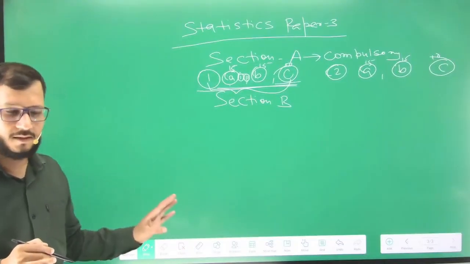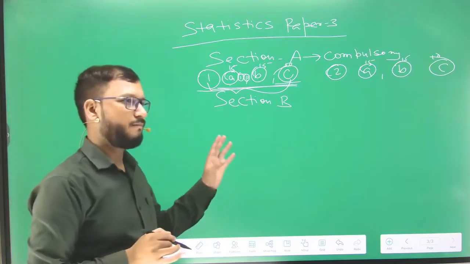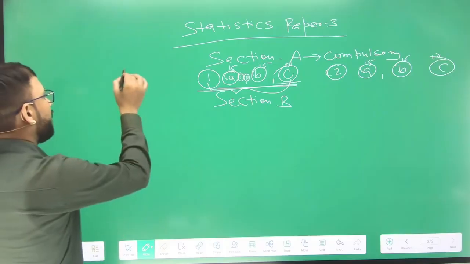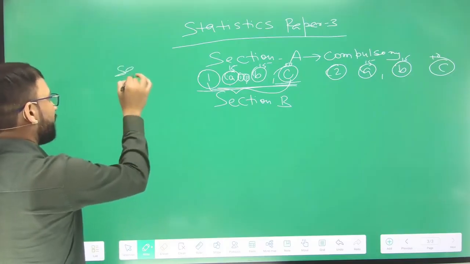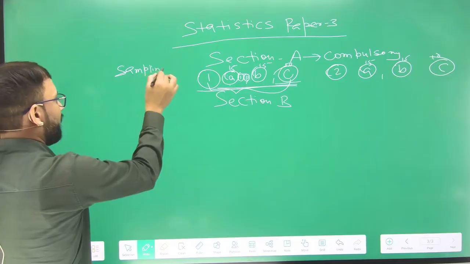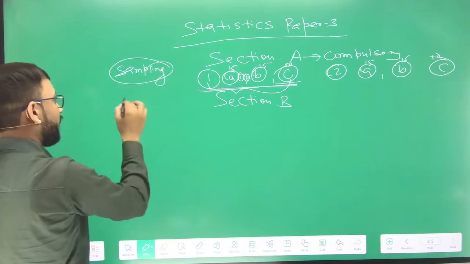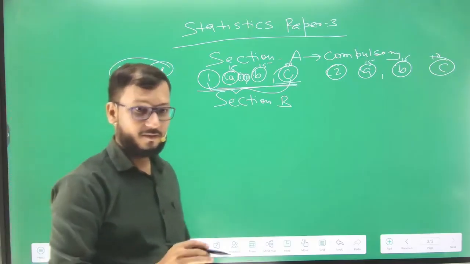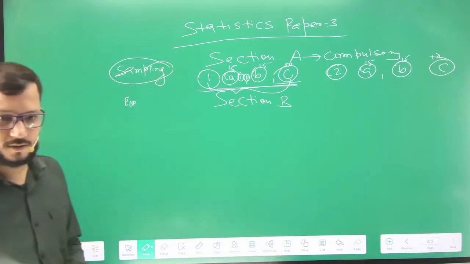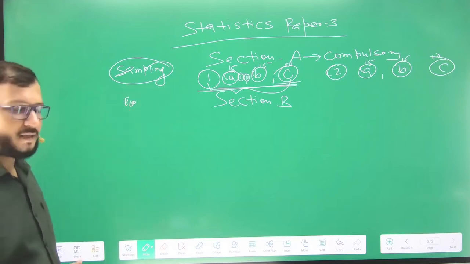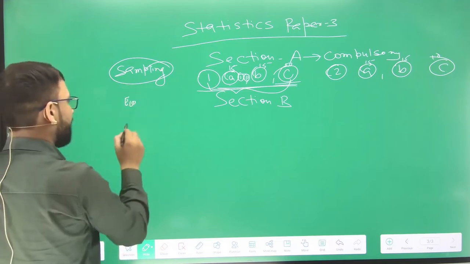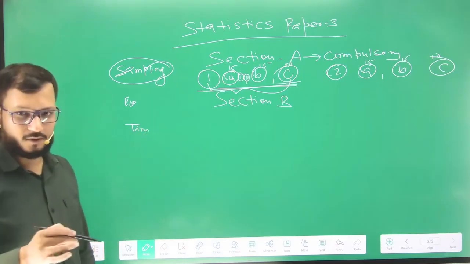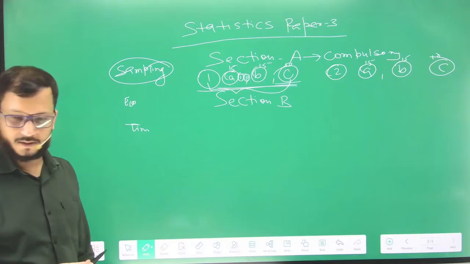And for this part only, because it is compulsory, students always say, sir, in this one I will study only sampling and econometrics. If you study only sampling and econometrics, you can sometimes pass this exam in paper 3, but sometimes not. For section A, I will always say that along with sampling and econometrics, read time series, index and demand as well. Clear? Because these are the total of 5 sections that you have to study.